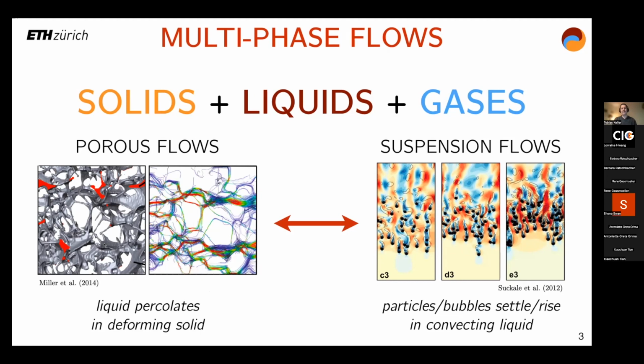And the solid matrix can also deform, which leads to some interesting nonlinear phenomena. So that's part of the work that I've done previously and that we're doing now surrounds porous flows.